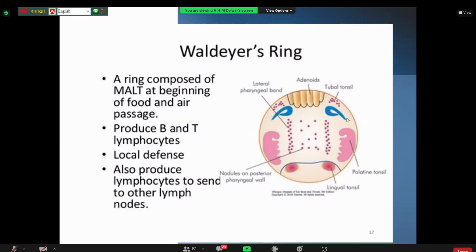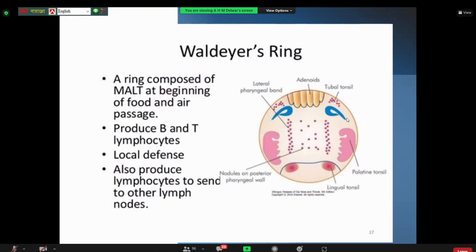So it makes local defense against any virus, dust materials or pathogenic bacteria. It is the first defensive mechanism. So it is mucosa associated lymphoid tissue, MALT.